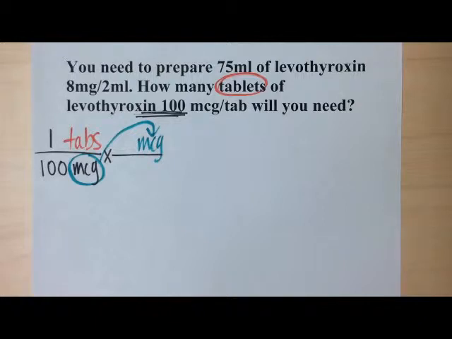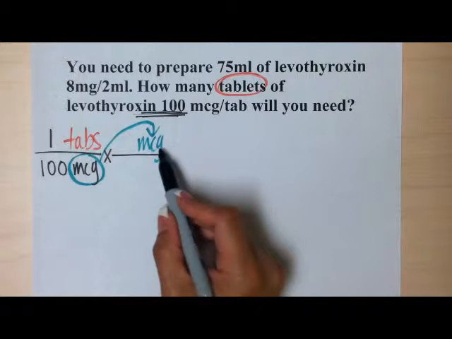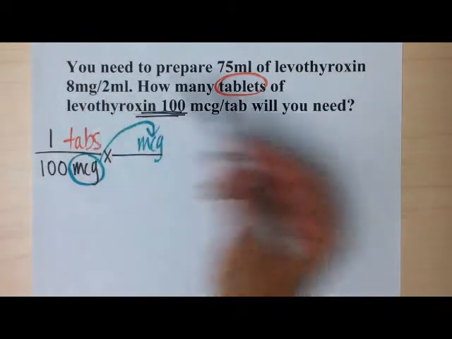So now what do we have with microgram? We have nothing. So this is a flag that you must use an equivalency that you've committed to memory. And in this case, we're using micrograms and milligrams.